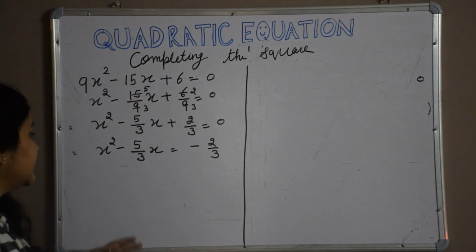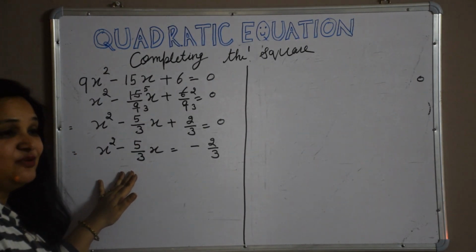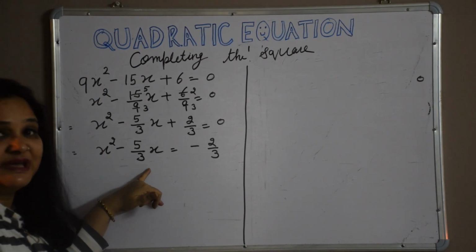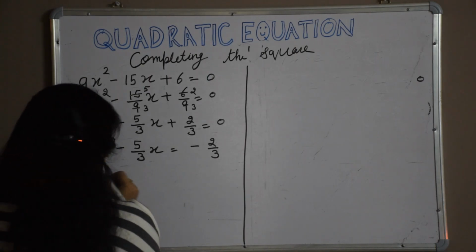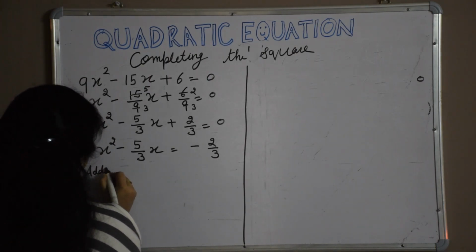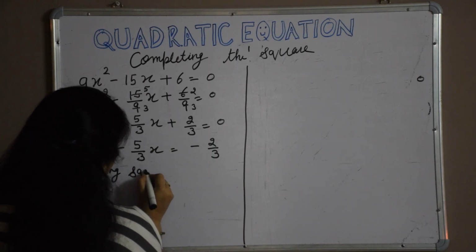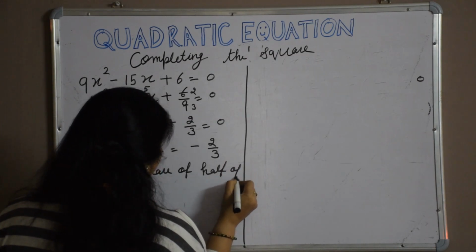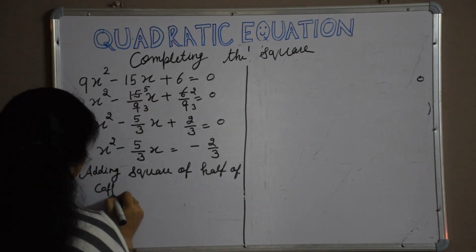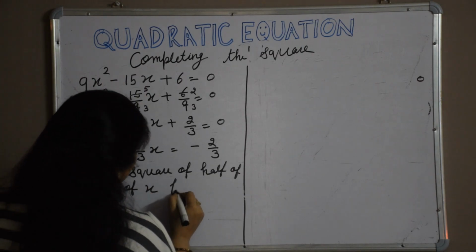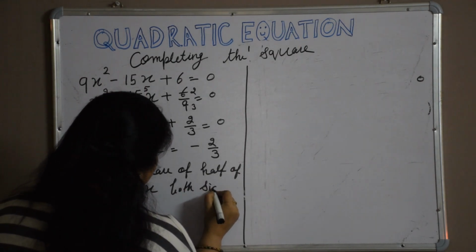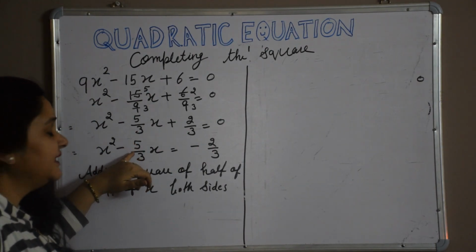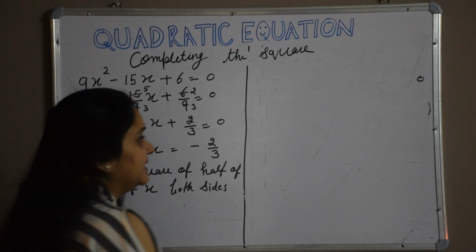Now the most important step is that we have to add the square of half of the coefficient of x both sides. So here the coefficient of x is minus 5 by 3 and its half becomes 5 by 6.